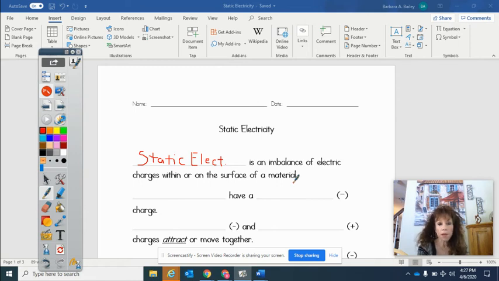And then the part of the atom that with static electricity was being transferred. So it's the part of an atom that is moving around the surface of the atom, and those are called electrons. So I'll write electrons.